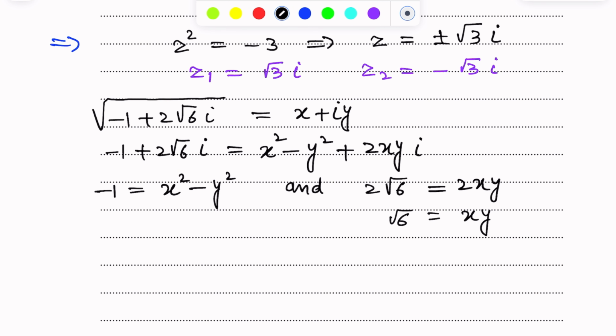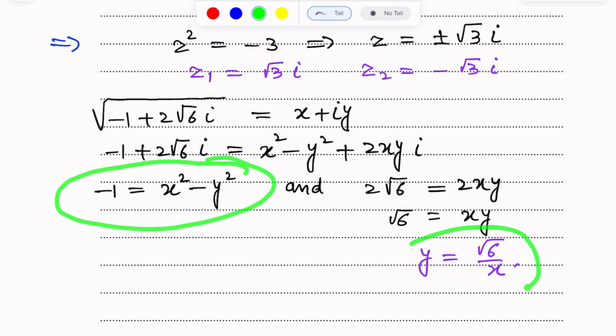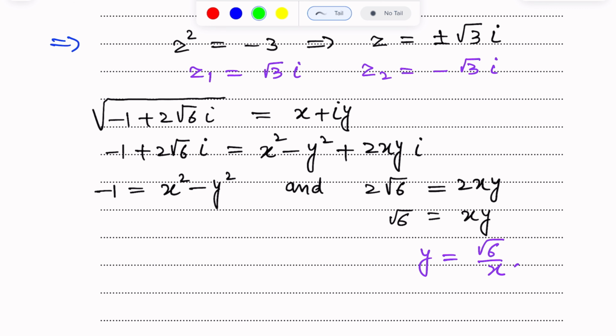From here, we are making y the subject. Y is equal to under root 6 over x. Now we will solve these two equations by the substitution method.